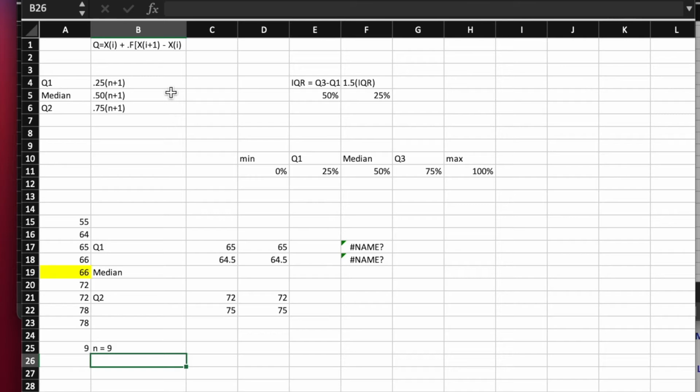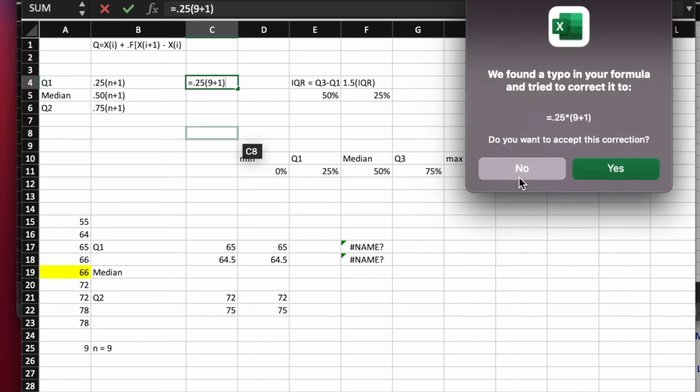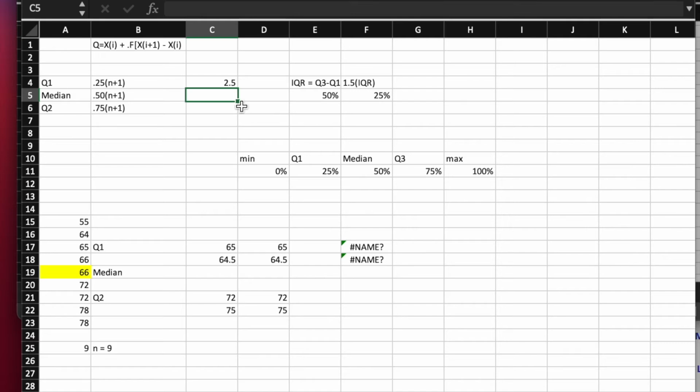So if we plug this into these equations, what we're going to get is 0.25 times 9 plus 1, which is 2.5.